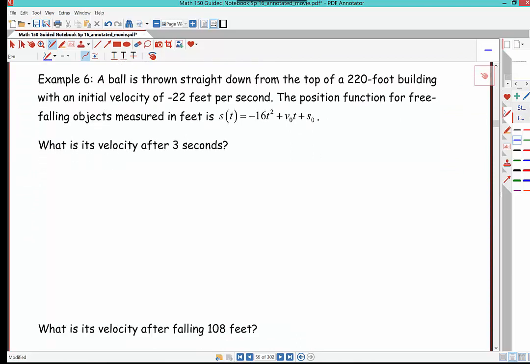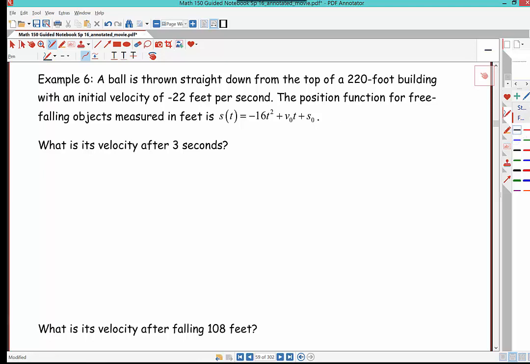So here, let's check out this problem. We've got a ball being thrown straight down from the top of a 220-foot building with an initial velocity of negative 22 feet per second. The general position function for free-falling objects in feet is s at t is negative 16t squared plus the initial velocity times t plus the initial position. So basically, what have we been given? Good.